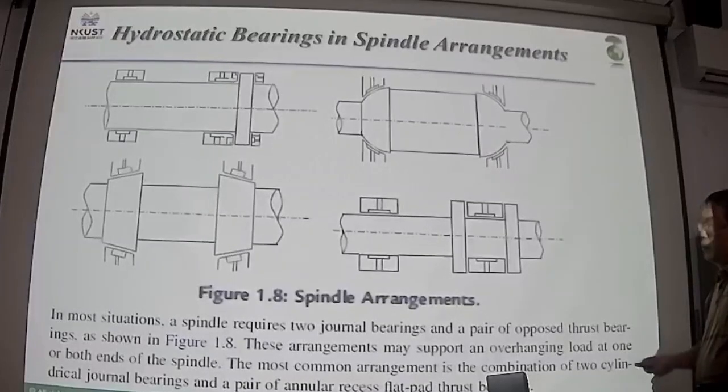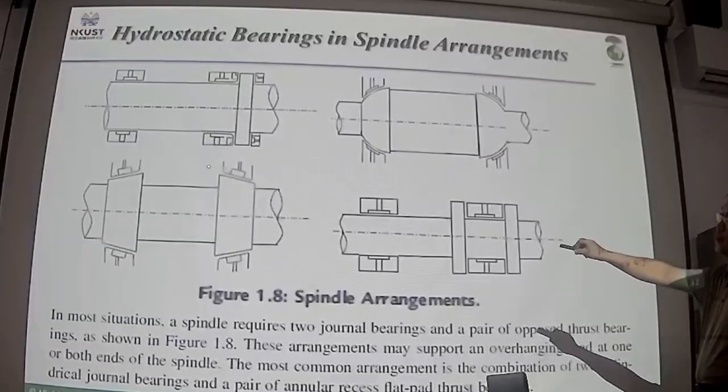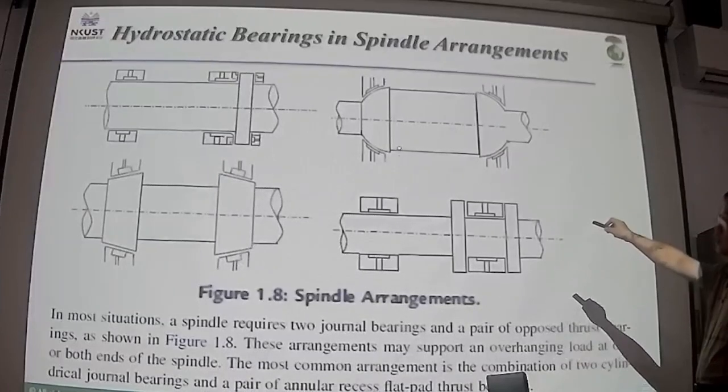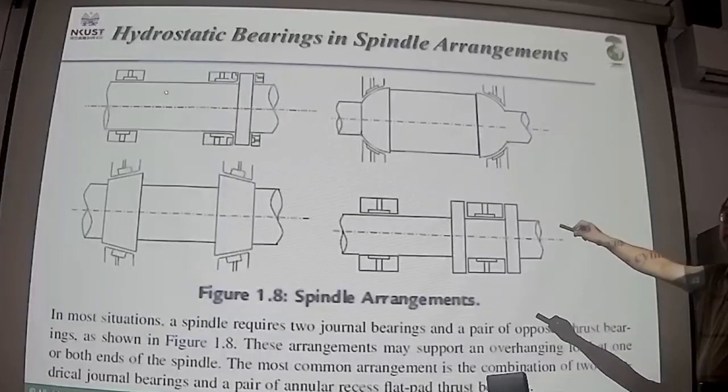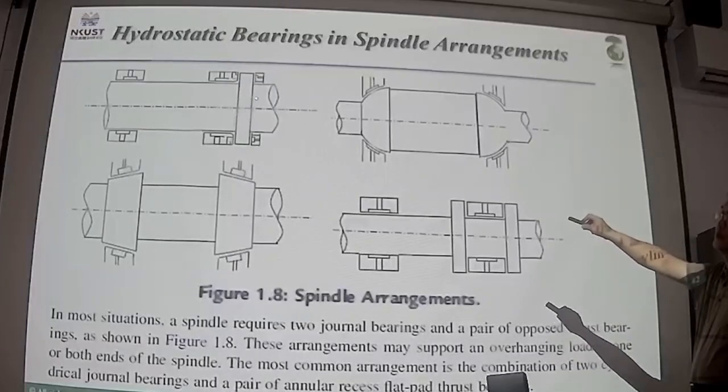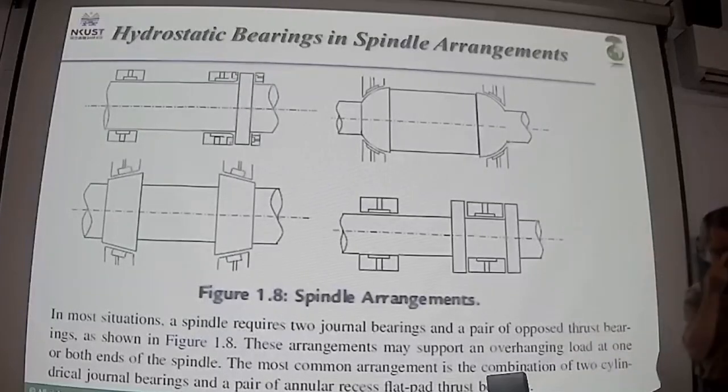And you know, manufacturing this conical bearing or spherical bearing is more complicated compared to the traditional thrust bearing or journal bearing.